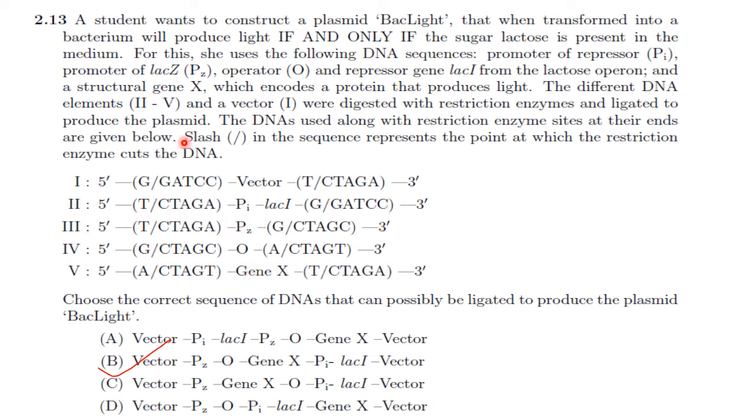Now coming to third option. After the vector, if you ligate TCTAGA PZ, then you will get a much more sensible plasmid.